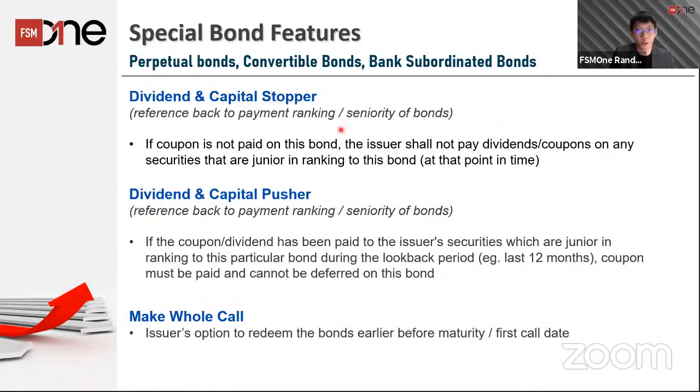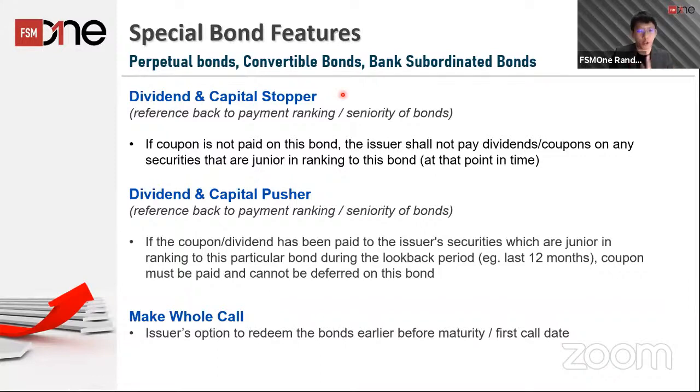And the next two features are the dividend and capital stopper, and also the dividend and capital pusher. These two normally exist together, and they are closely tied to the deferred interest payment option. So let's talk about the stopper clause here.